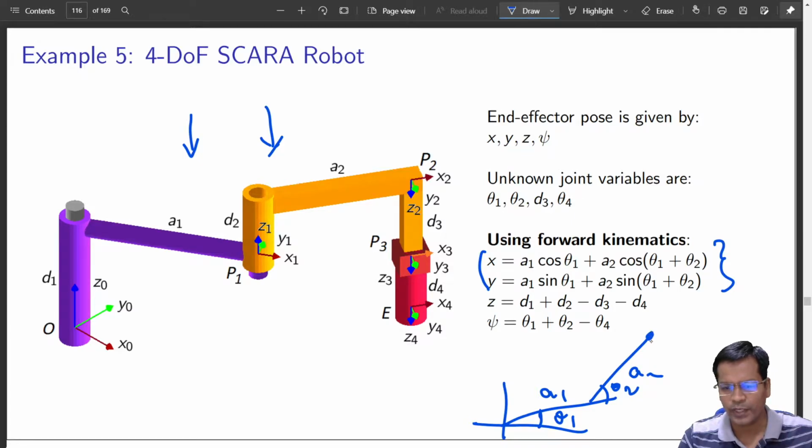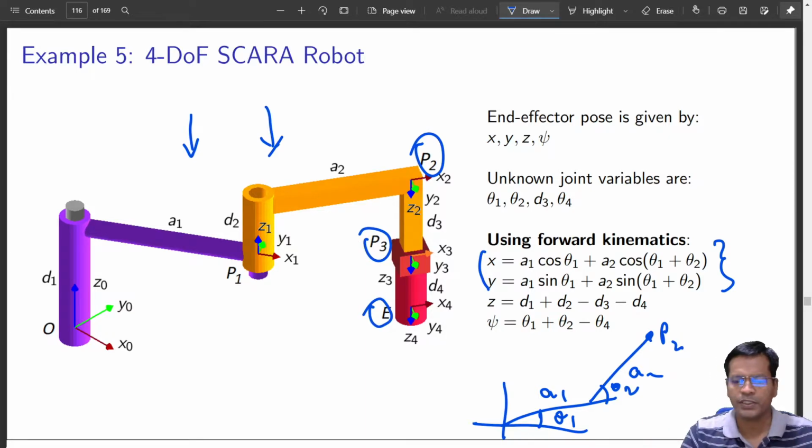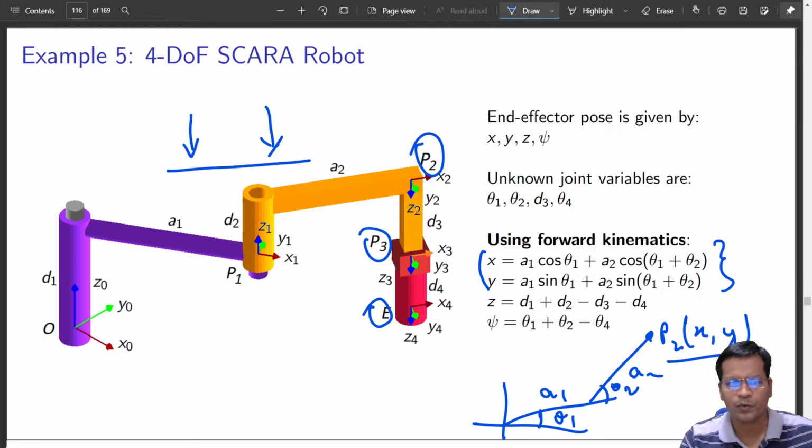So this point is P2. It is vertically above P3 and E. So P2 can go to the XY position. Effectively this is a two link manipulator. That is what we always look for. So the first two links make it a two link manipulator.